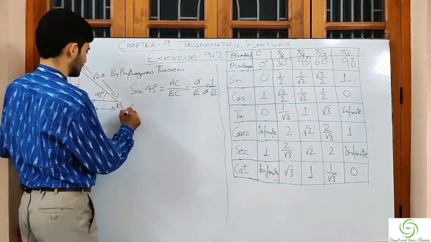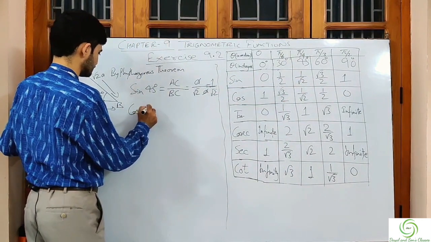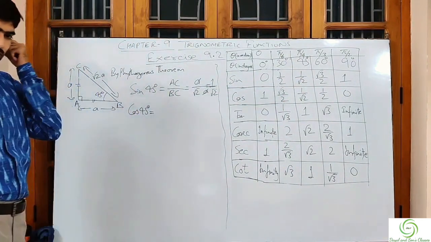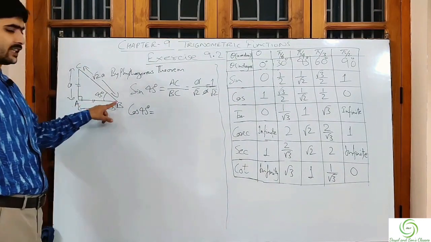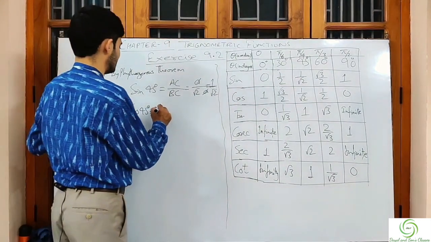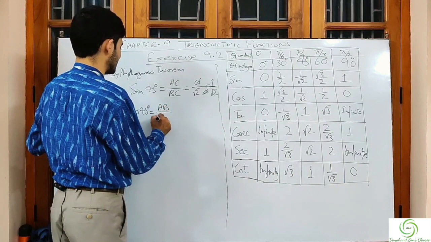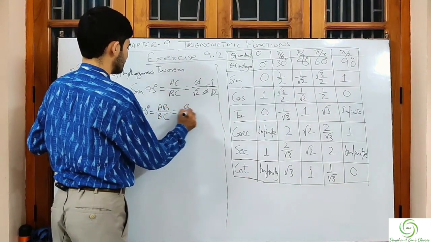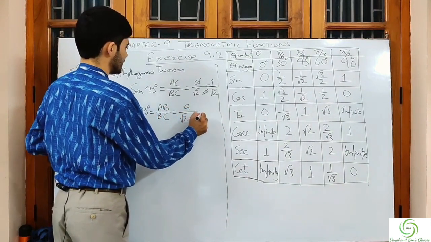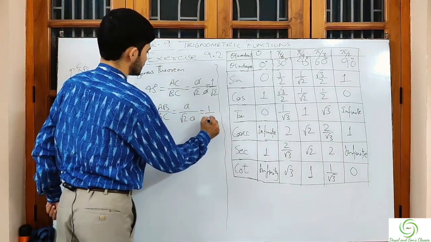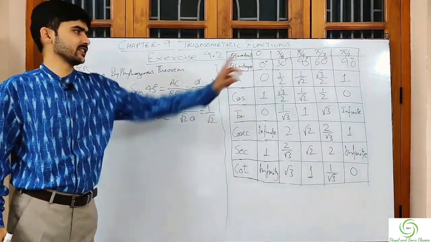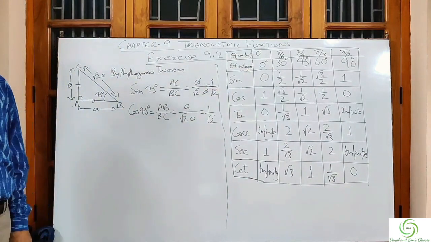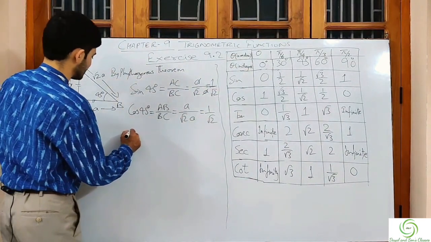Now let us calculate cos 45. Cos theta is base upon hypotenuse. Here base is AB. Hypotenuse is again BC. That is equal to A upon root 2 into A. That is equal to 1 upon root 2. So again cos 45 we got 1 upon root 2, right? Now let us find out tan 45.